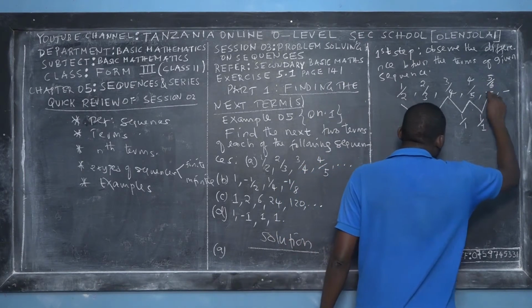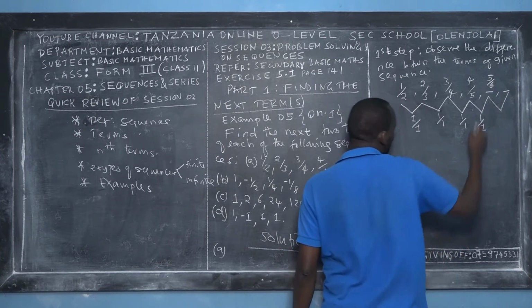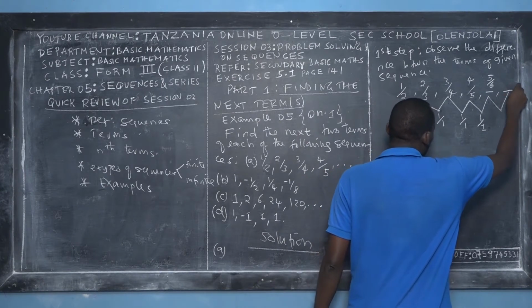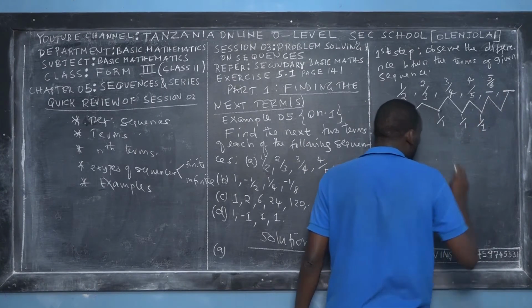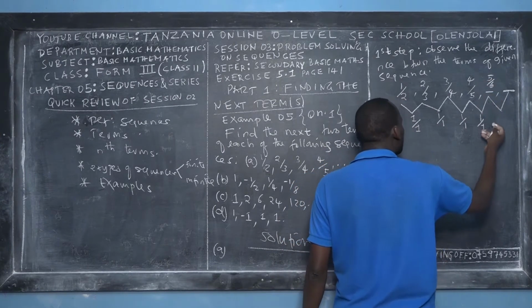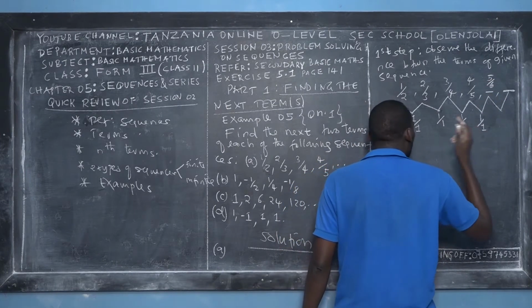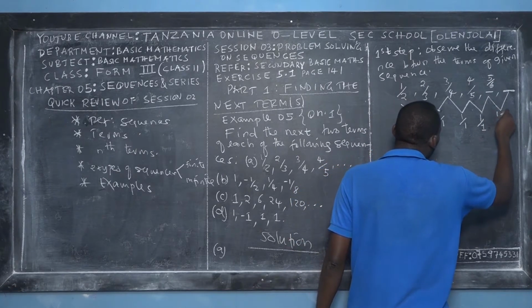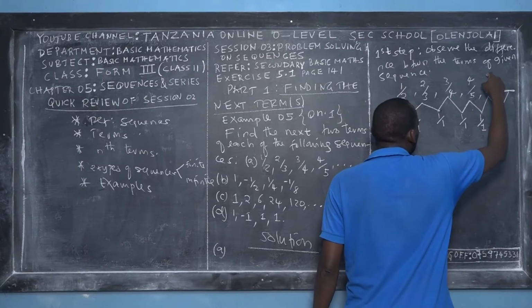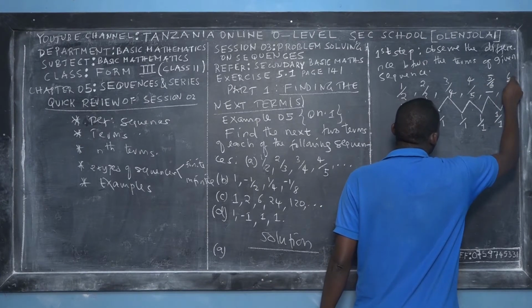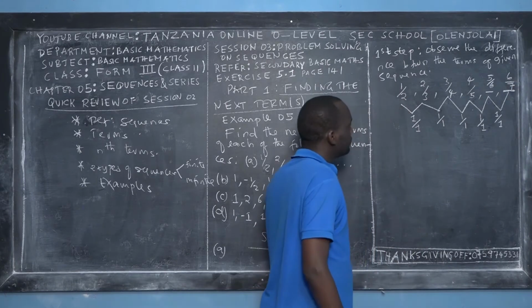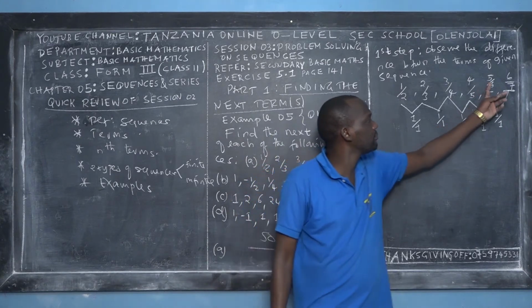Again, the sixth term differs in both numerator and denominator by the common difference of 1. So 1 plus 5 makes 6, and 6 plus 1 makes 7. So now we know the fifth term and the sixth term.